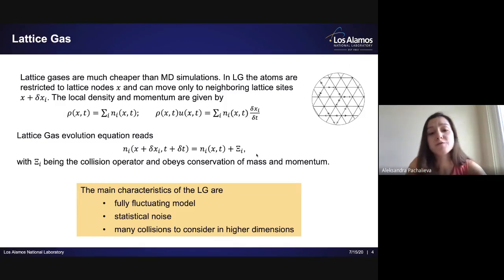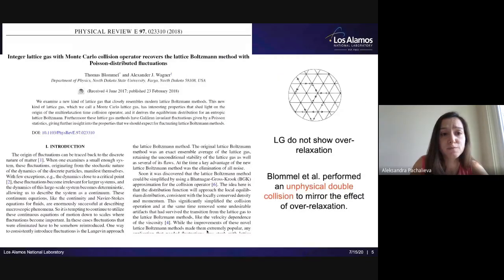Lattice gases are fully fluctuating models. They have humongous statistical noise, and that's one of the reasons why they are not so useful. And in high dimensions, we have to consider many collisions, which could become really cumbersome. Since my talk is about over-relaxation, I will share some interesting ideas that Alexander's group has developed.